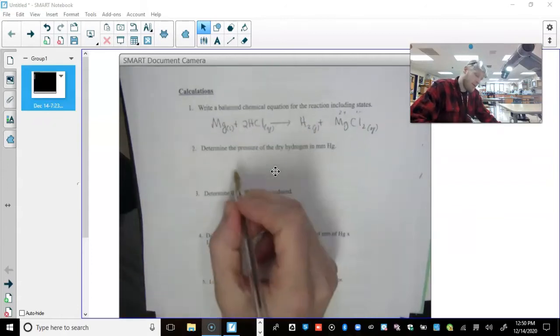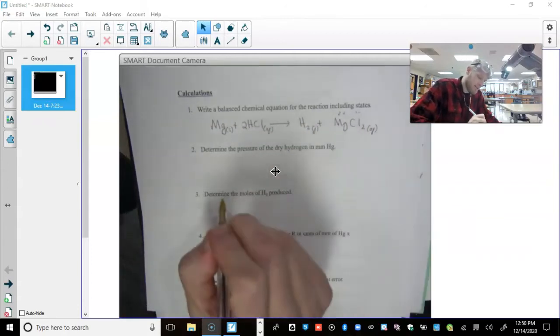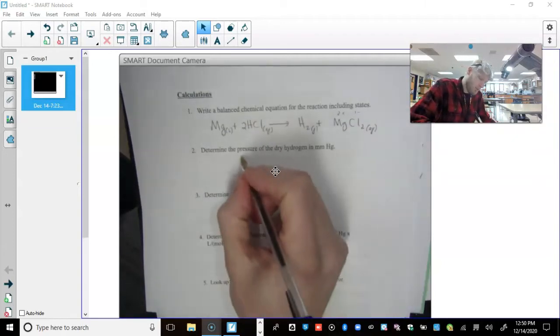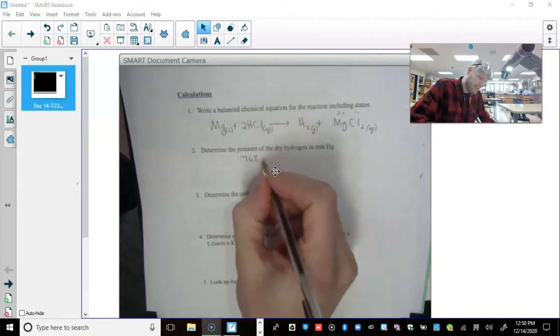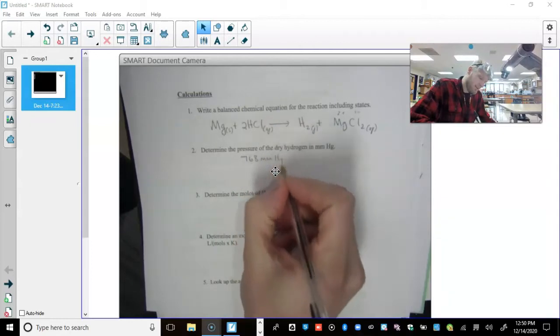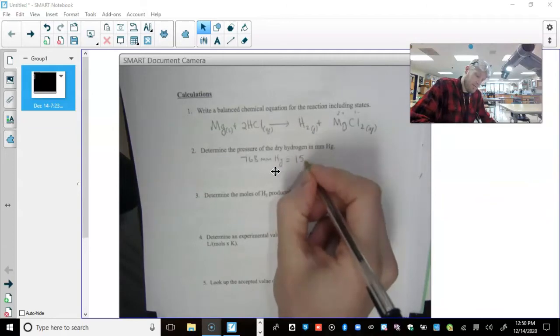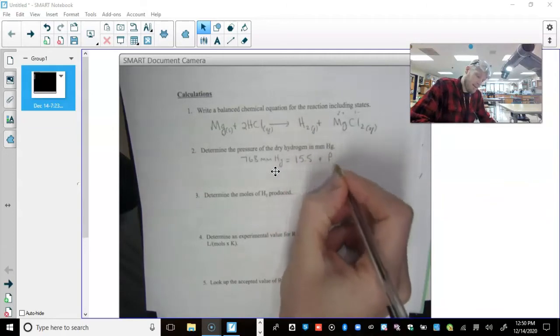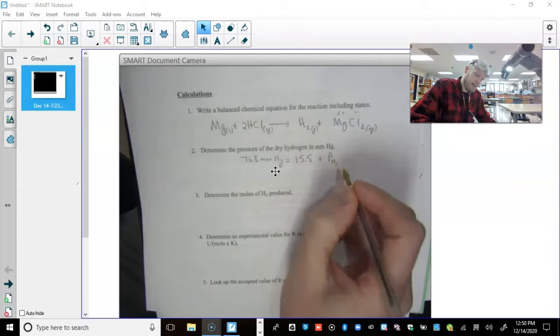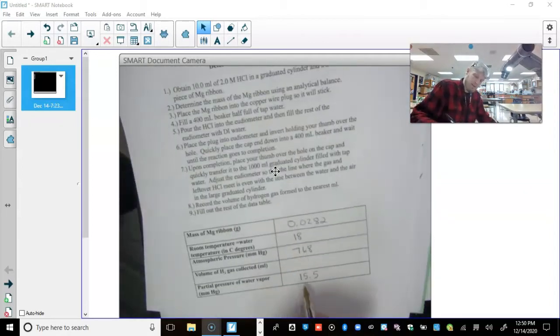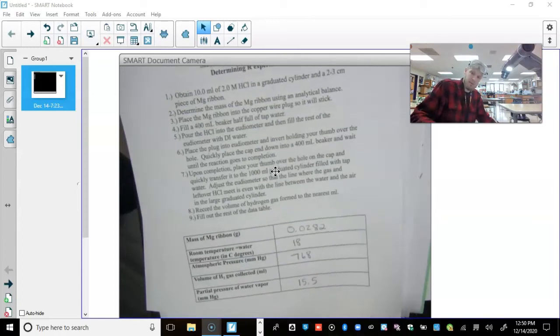Alright, so we want to determine the pressure of the dry hydrogen in millimeters of mercury. We said that the total pressure was 768 millimeters of mercury. This is going to equal the water vapor pressure of 15.5 plus P of the H2 gas. And where am I getting those two values? 768 total pressure, 15.5 partial pressure of the water vapor.